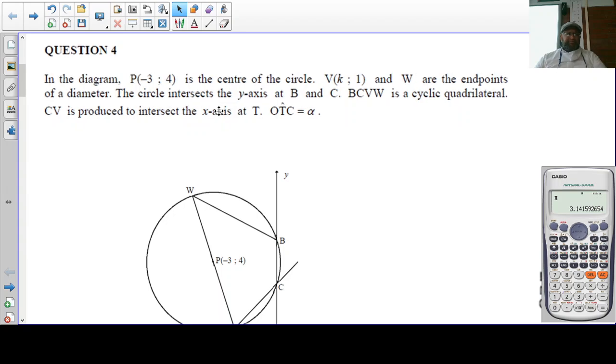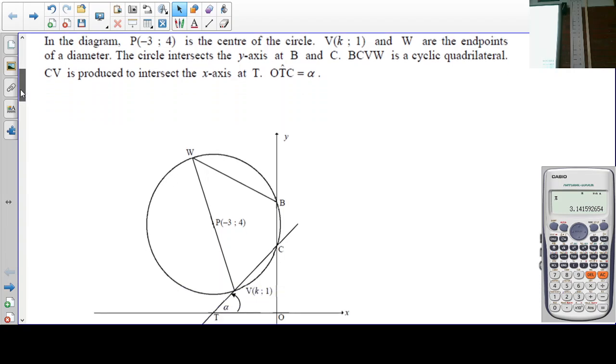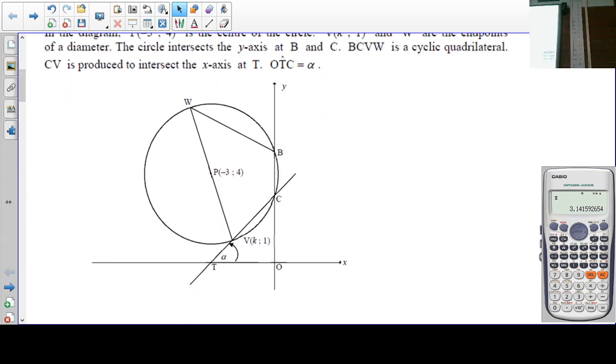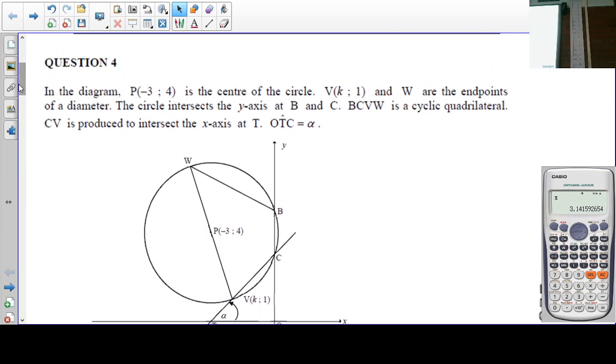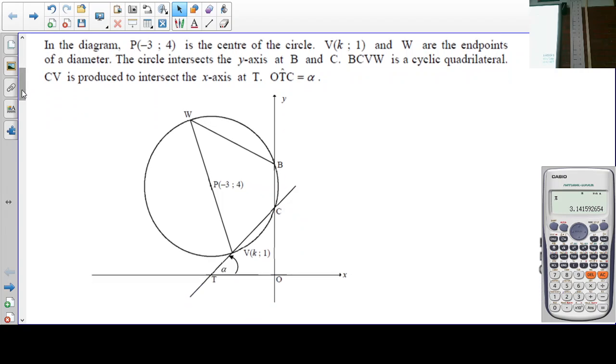Okay? So in question 4 we are told that in the diagram, let's pull the diagram up a bit, P, which is (-3, 4) and is here, is the center of the circle.